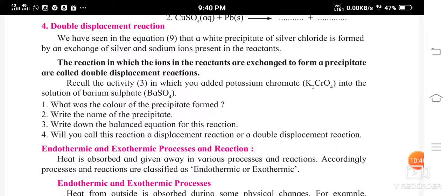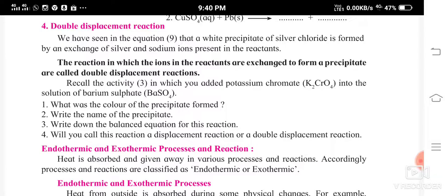So I showed you the activity, right? I'm sure you understood. Now recall activity 3, in which you added potassium chromate into the solution of barium sulfate, BaSO4. No need to recall, just now I showed you the activity again.